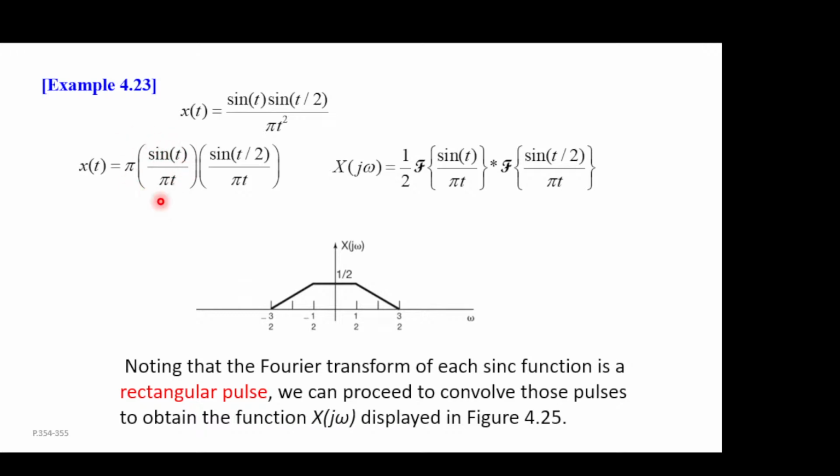The Fourier transform of this gets a square wave function, and the Fourier transform of this gets another square wave function with a different width. Then we can just use the multiplication property to get the Fourier transform of x, which should be the convolution between those two square functions. If you write down the convolution, it becomes this weird shape. You can feel this as the overlap between two square waves.